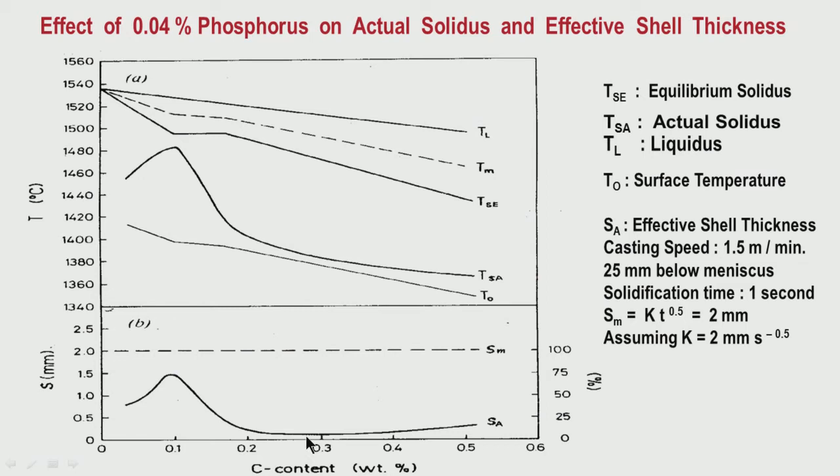It is very, very small. So, the strand will have much less strength because the solid shell is less and the mushy zone is quite deep. So, the shell strength is also less.